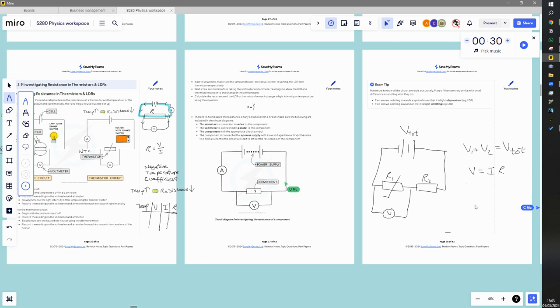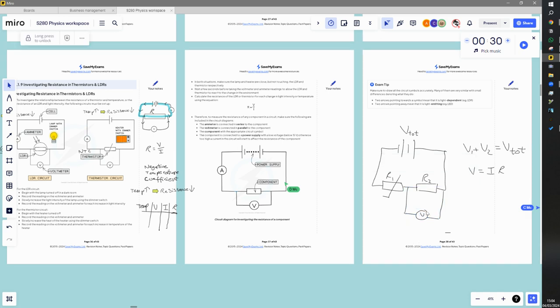That was question 3. Question 4, and this one I'll give you a whole minute to answer because it's a little bit trickier. Question 4 is what's going to happen to the voltage across R2 when the temperature increases?